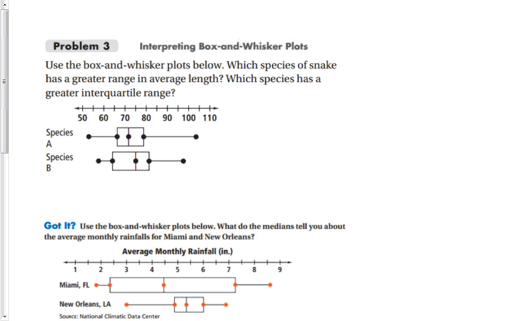So whichever plot has a longer length has a greater range, and that would be species A. And then the second question says, which species has a greater interquartile range? That would be represented by the length of the box. So this length here. And you can see species B has a greater length of box. I'll write down and summarize what I just said there.